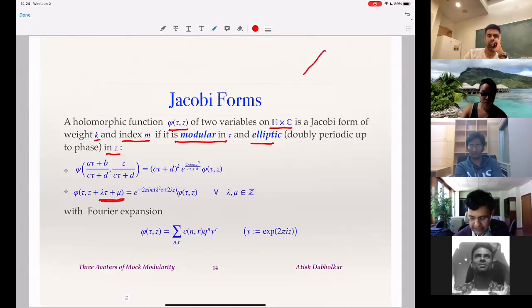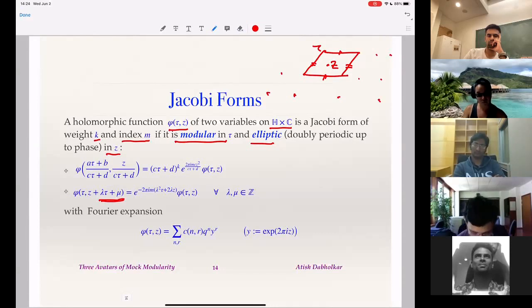You can think of the tau parameter as the parameter of a two-dimensional torus, and z as the coordinate on the torus. You can get the torus by modding out by a lattice. So roughly speaking, the Jacobi form is a function which you can extend, not quite because of the phase, but it's essentially doubly periodic up to a phase in the entire complex plane.